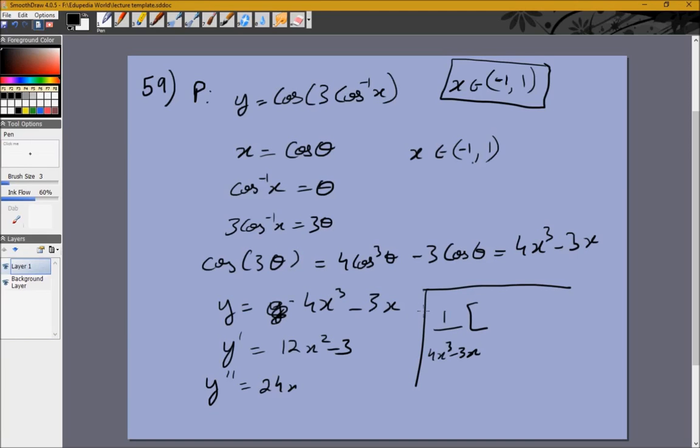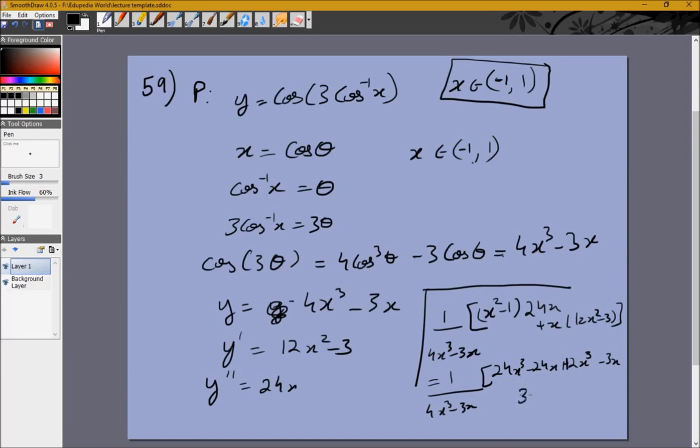The x squared minus 1 into y double dash, which is 24x, plus x into y dash, plus x times 12x squared minus 3, which is 1 by 4x cubed minus 3x times 24x cubed minus 24x plus 12x cubed minus 3x.